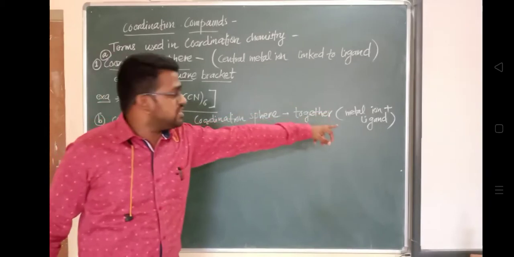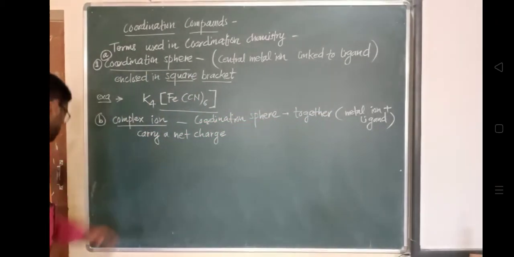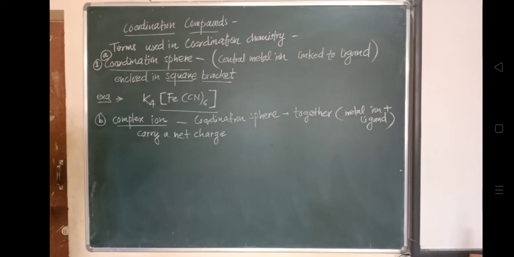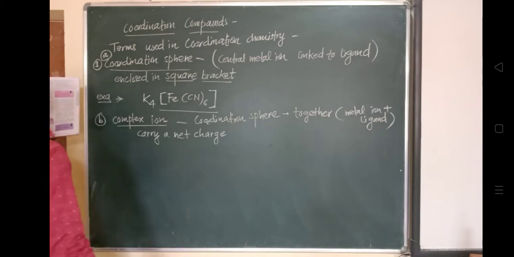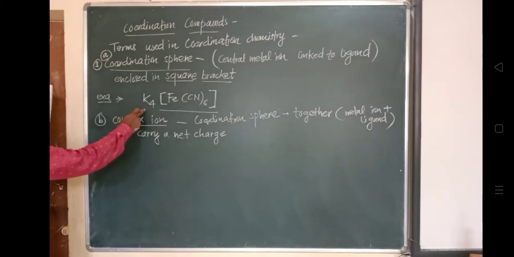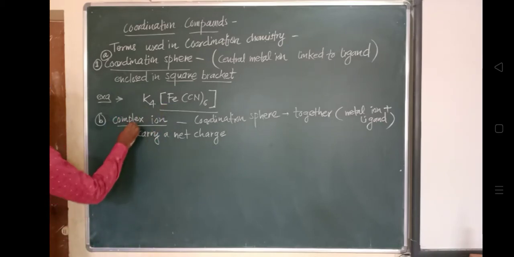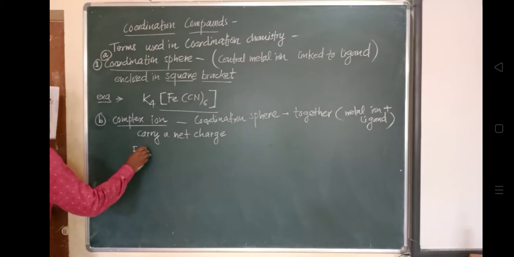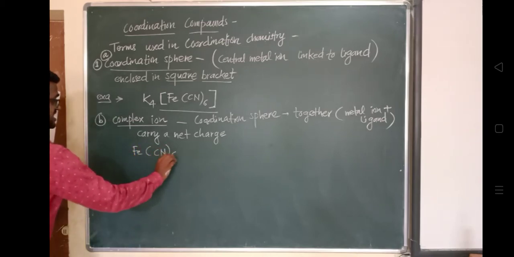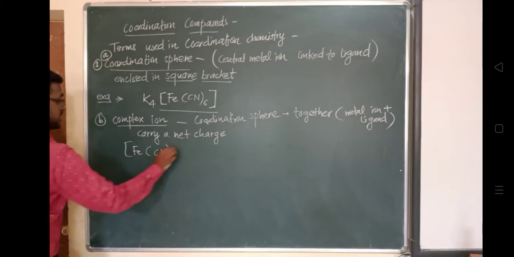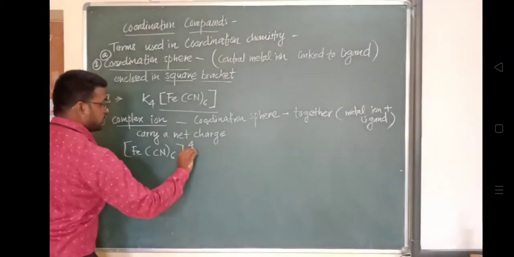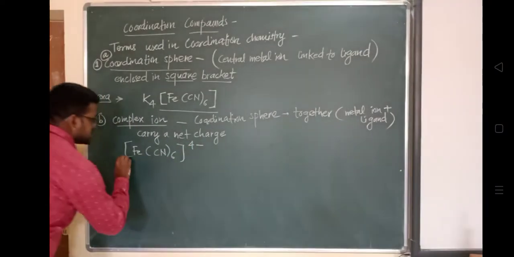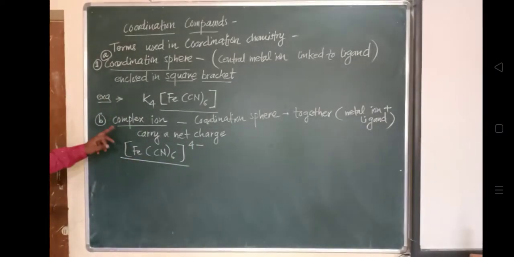For example, we have already written K4[Fe(CN)6]. Here Fe(CN)6 together has a charge of 4 minus, so this represents a complex ion.